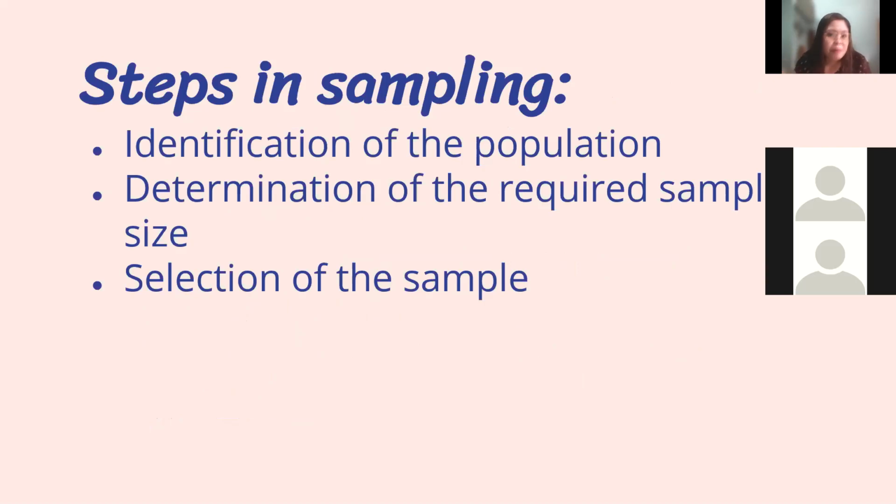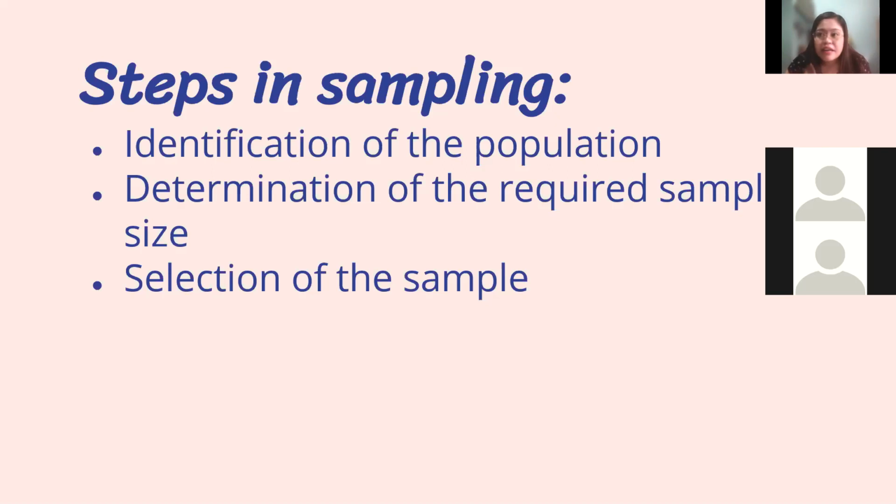Now we have the steps in sampling. Again, the first one is, of course, you need to identify your population. After identifying your population, you have to determine the required sample size. It is really necessary for you to identify how many members your population has.